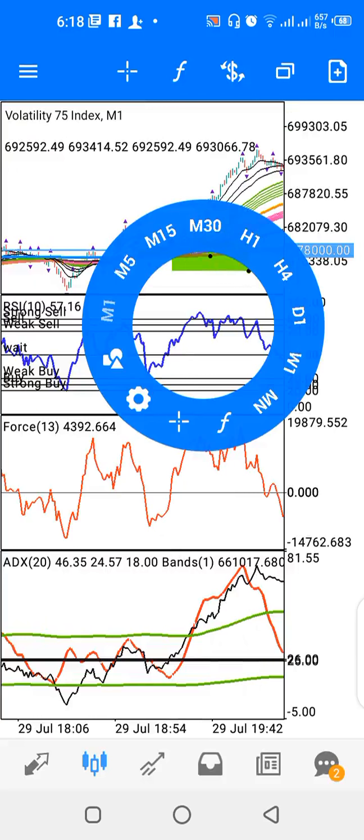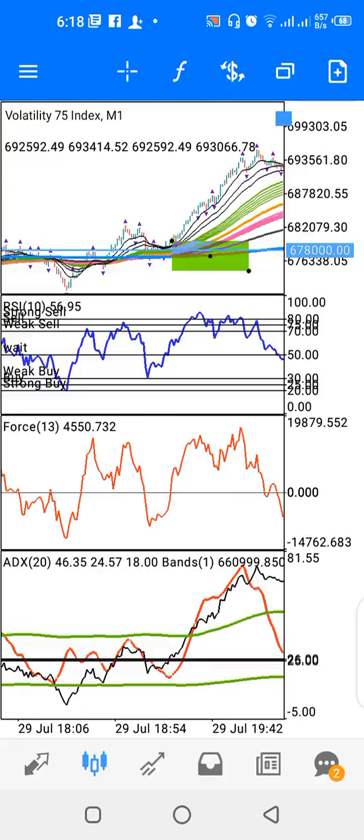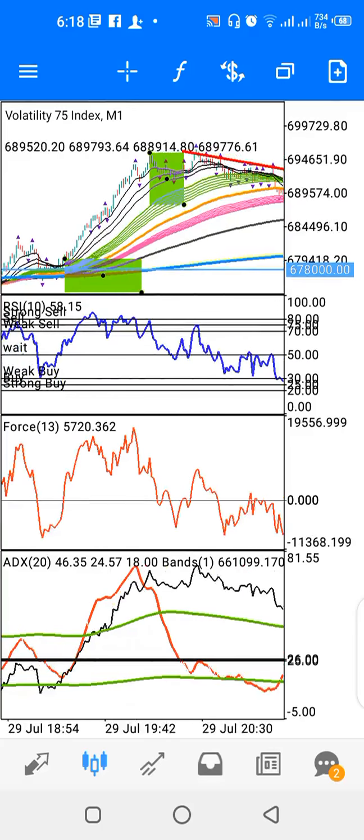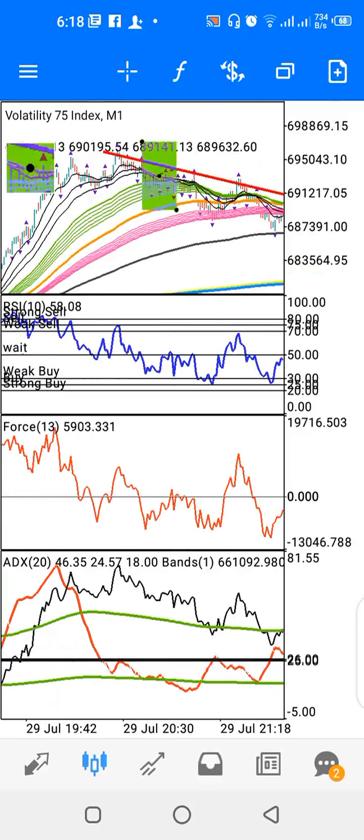You place your buy trade somewhere around here, and then you scalp your profits when price dips back into all the moving averages, which happens around here. That's when you close your trade and scalp off some profits.